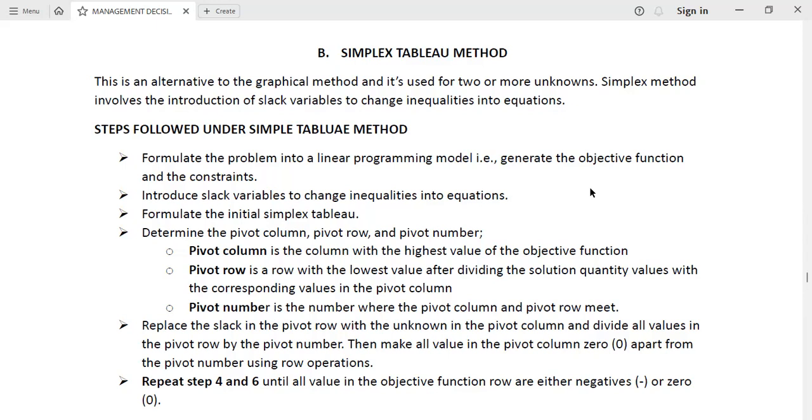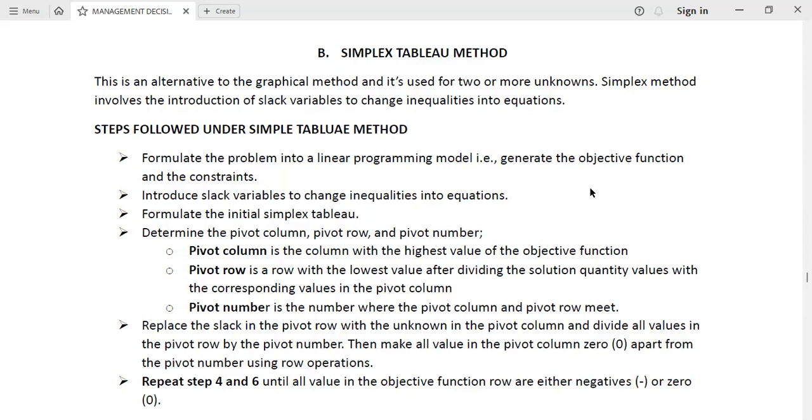We saw from our graphical method that there is no way you can get the coordinates to plot on a graph if you have not converted the inequalities into equations.